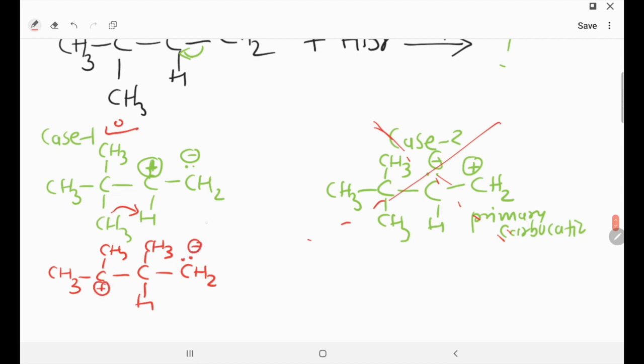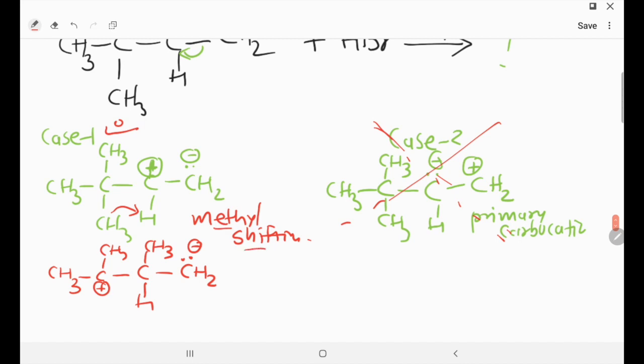What we did was methyl shifting. Now in this particular methyl shifting, what happened exactly, dear students? You can also say hydride shifting, it doesn't matter, but here we are just taking the example of methyl shifting, alright.